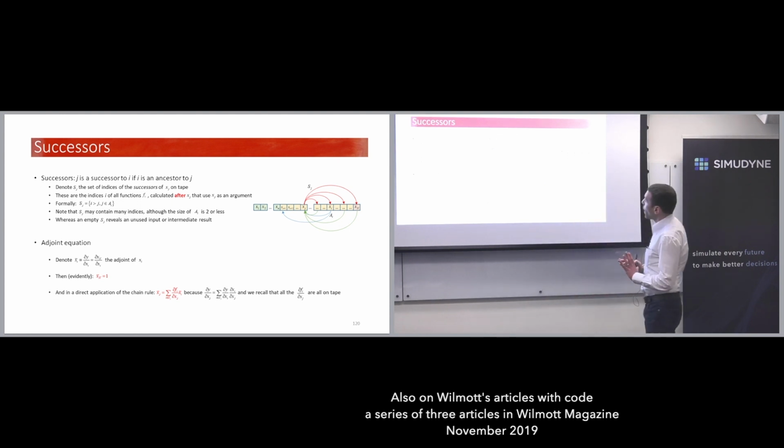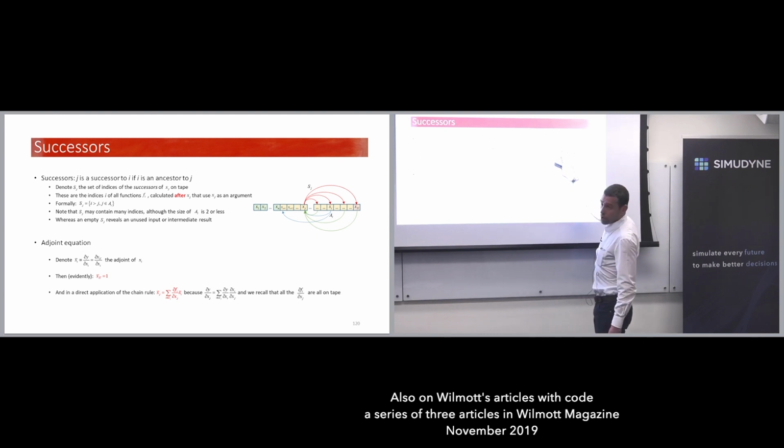Again, any node can have either 0, 1, or 2 ancestors, which are located on the tape prior to the node. Now, we say that J is a successor to I if I is an ancestor to J. So the successors to xj are all the future nodes on tape that use xj as a parameter, as an argument, right?